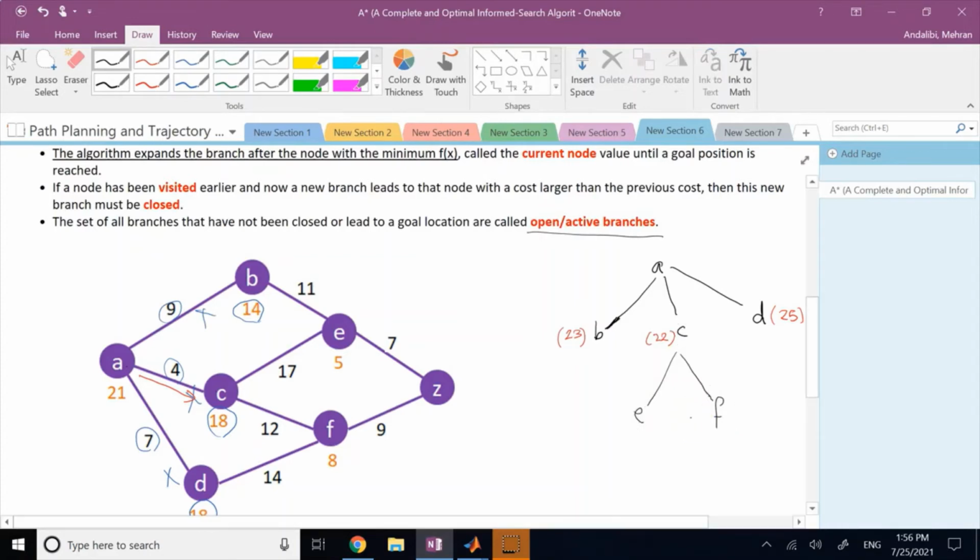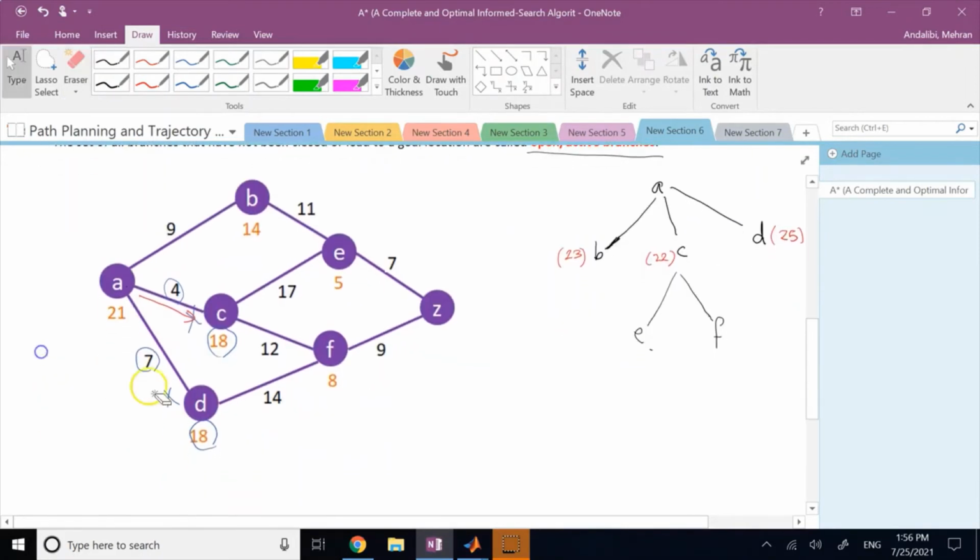So, good. How much is the cost to E? Now, when you want to go to E, how would you calculate the number? Here you're going from A to C and C to E. So what you need to do is add the weights of the edges along the way, which is 4 and 17.